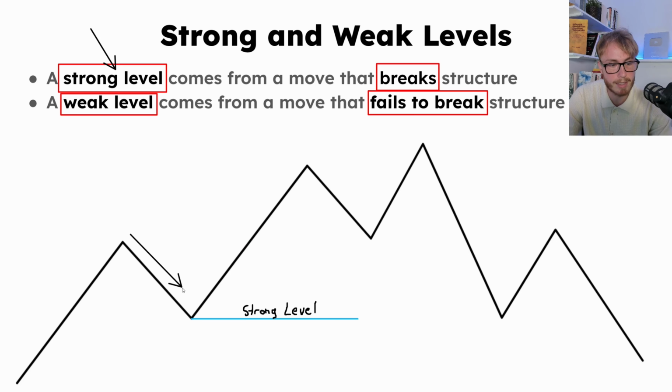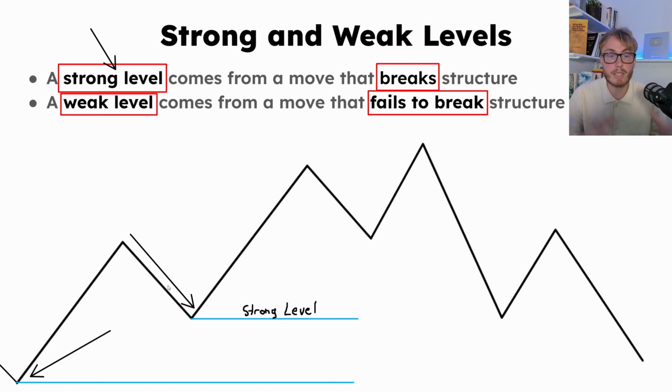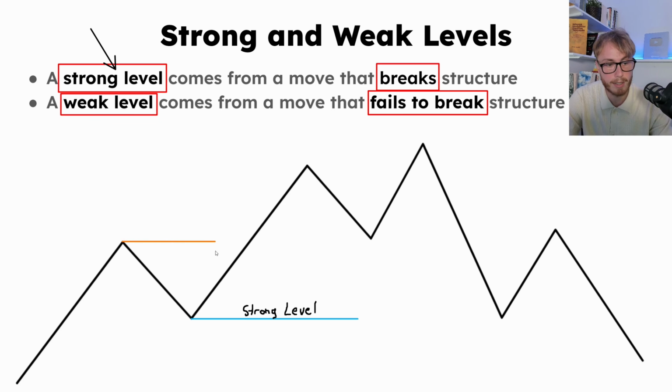But what about this move right here? In order for this move to be strong, we actually need to break the previous low that is all the way down here. So this right here is a move that fails to break structure, or in other words, this is a weak level.